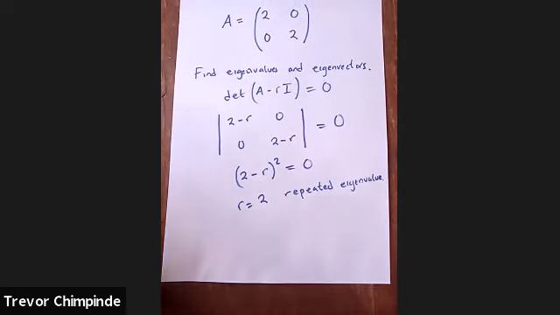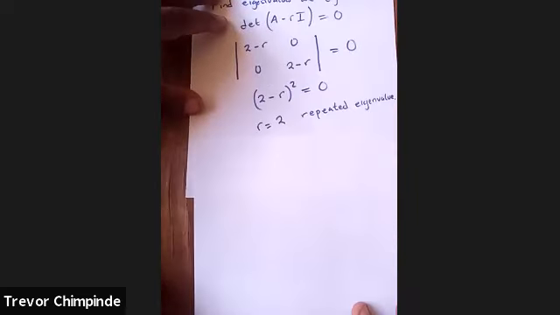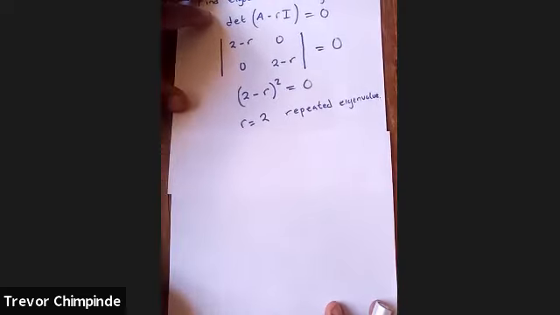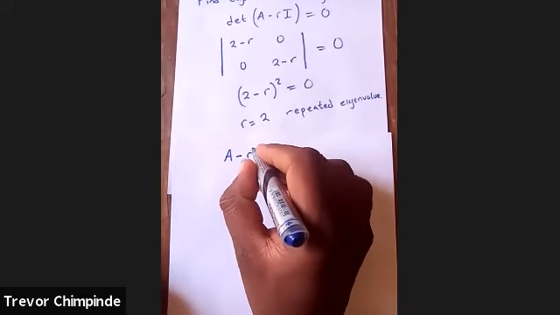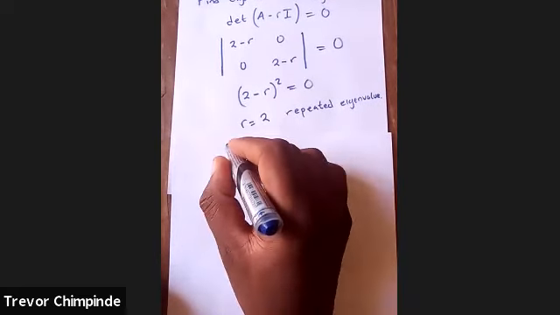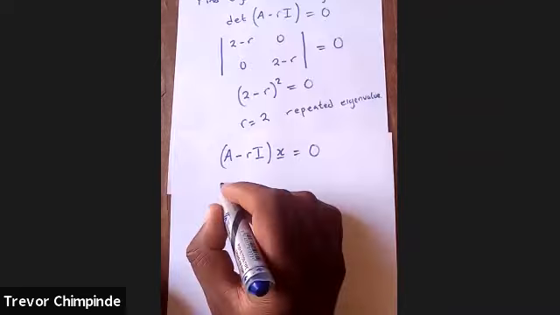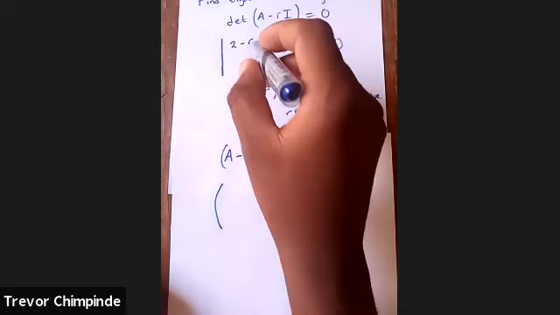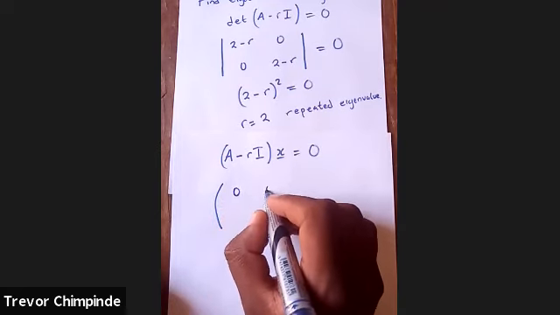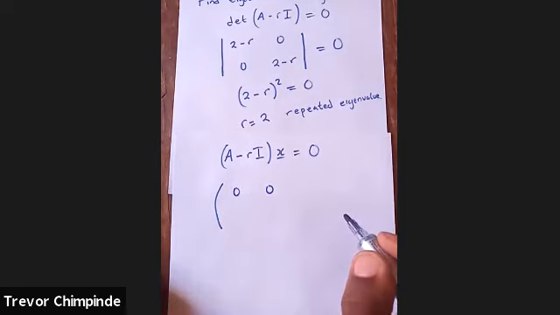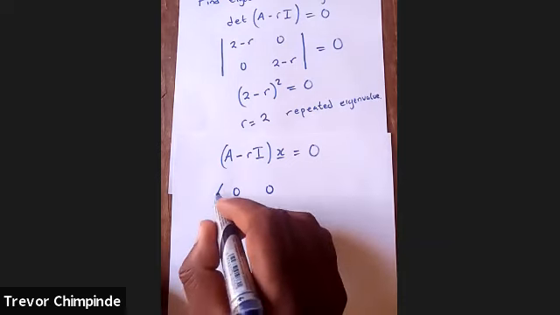So again, we find the eigenvectors. For the eigenvectors, it's (A minus rI)x is equal to 0. So what do we get? My r is 2. Let me write this.